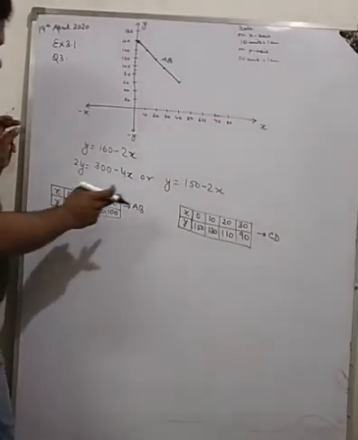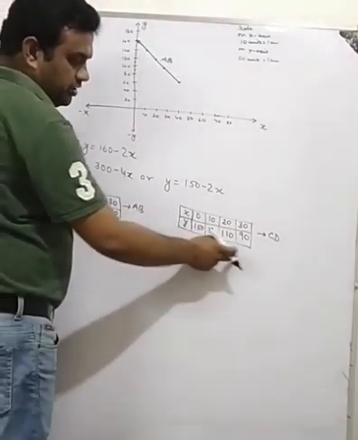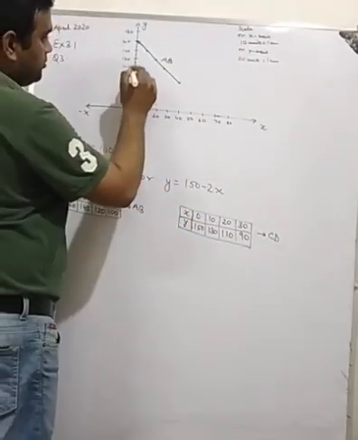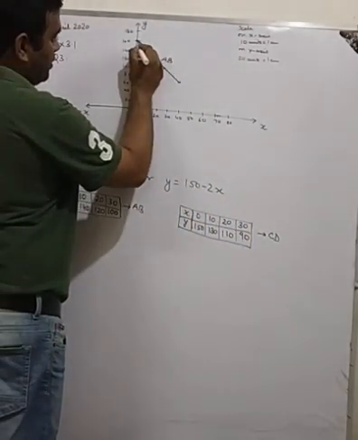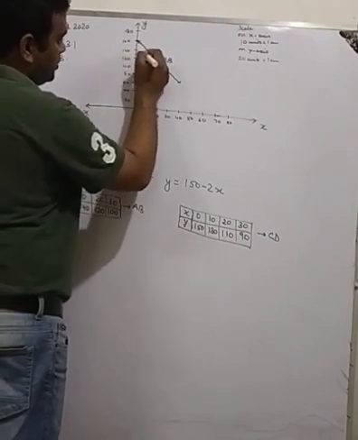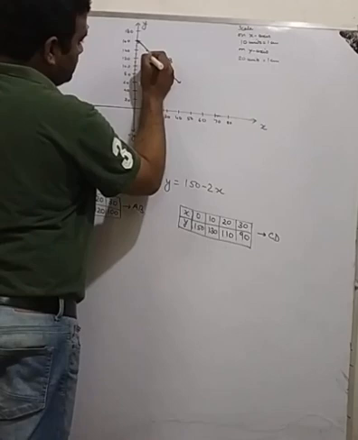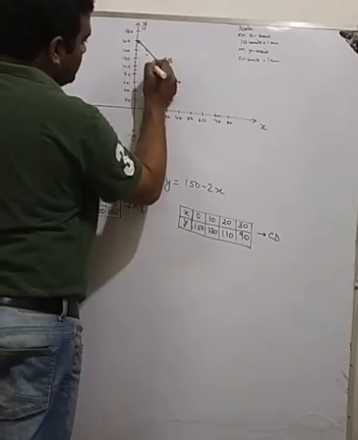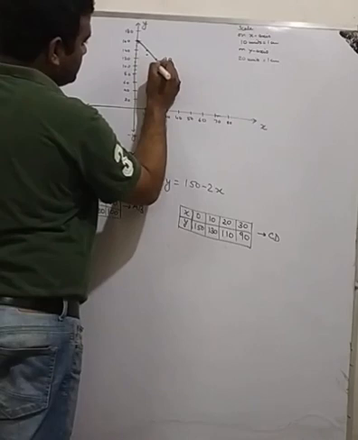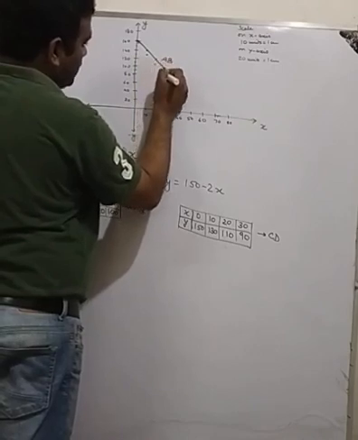Now if I see the second line, second graph, at x is equal to 0, this is 150. At 30, this is 110. And this is 90.